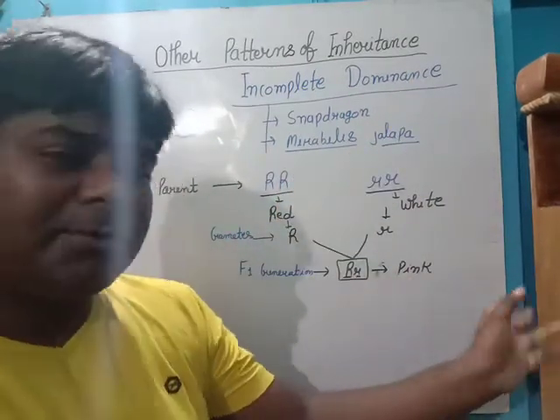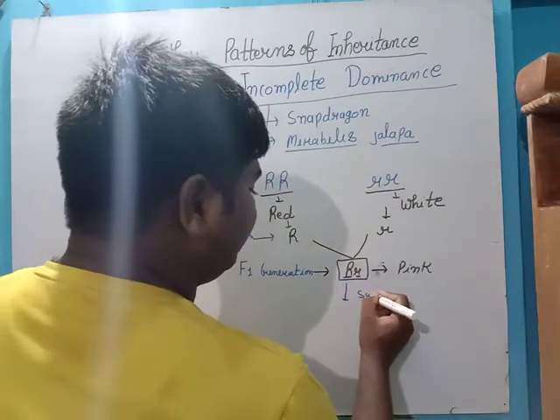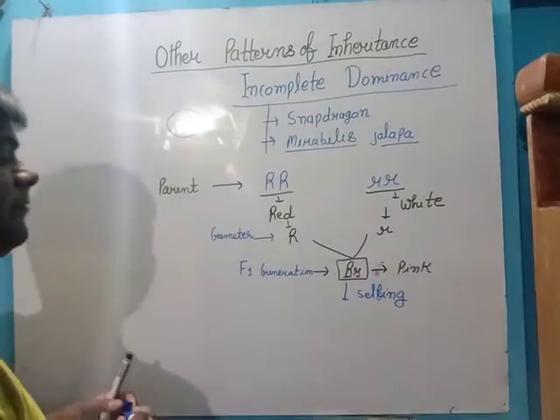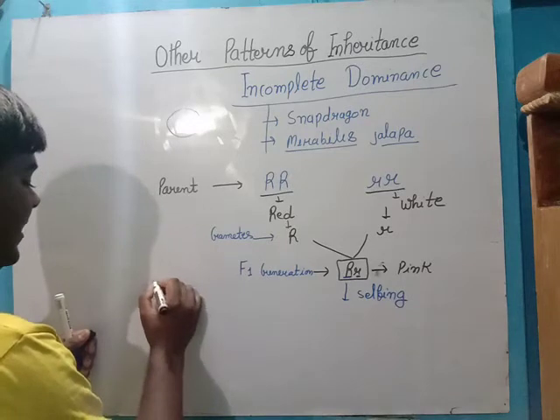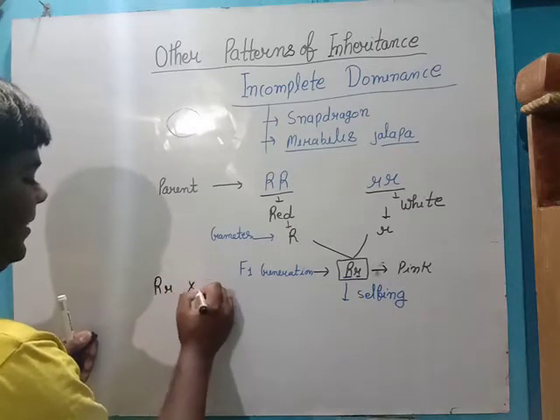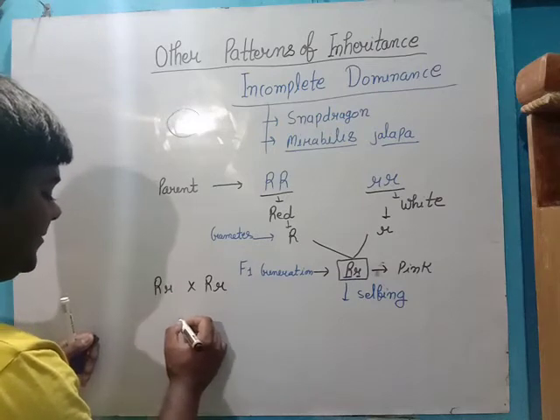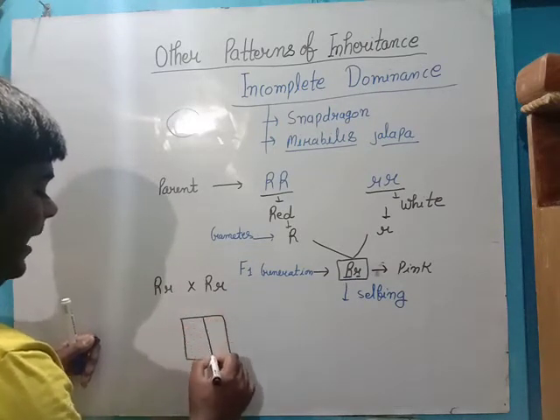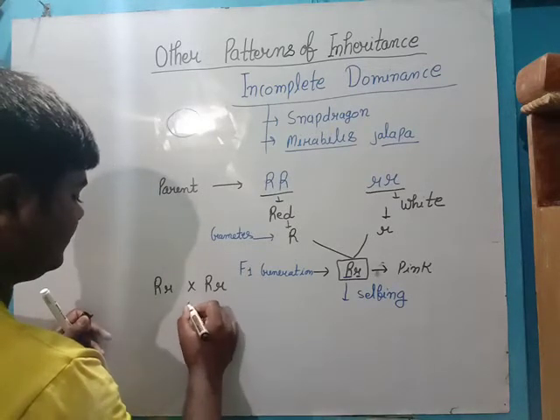Then we will also have F2 generation. In F2 generation, we have selfing. We'll check the ratio also. Whenever we have selfing, try to understand here F2 generation. Let's put it into a Punnett square to get F2 generation. And we'll also have a change in the ratio.